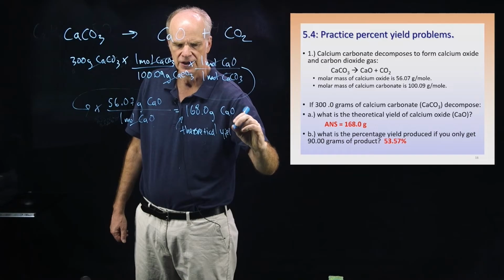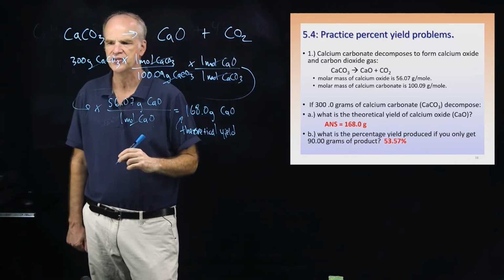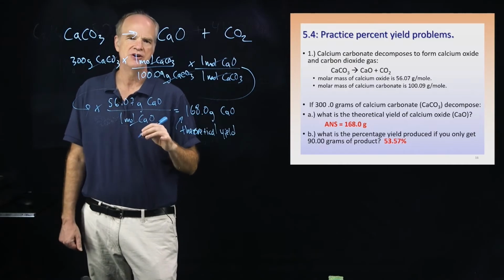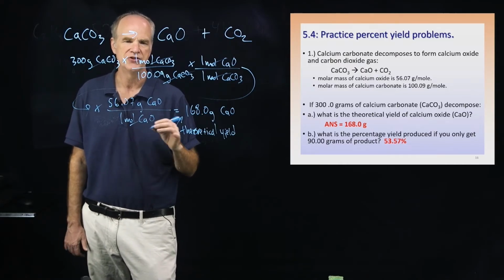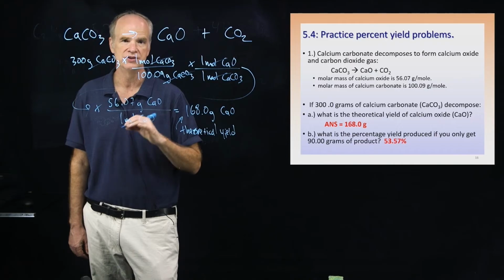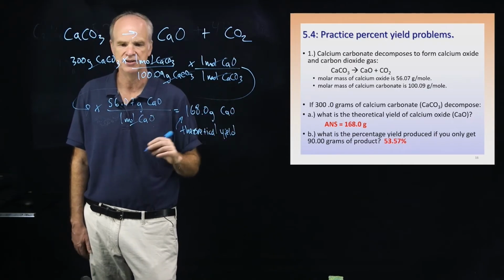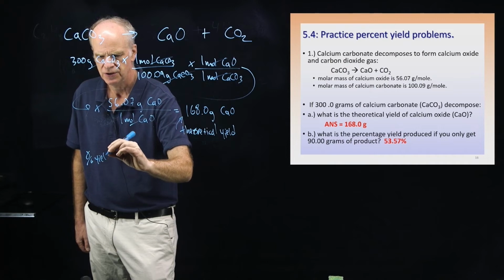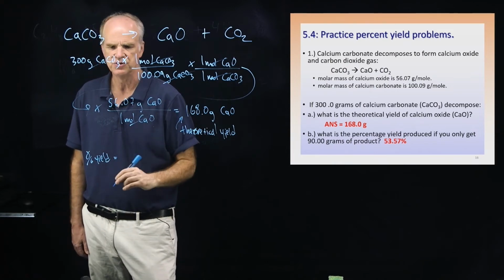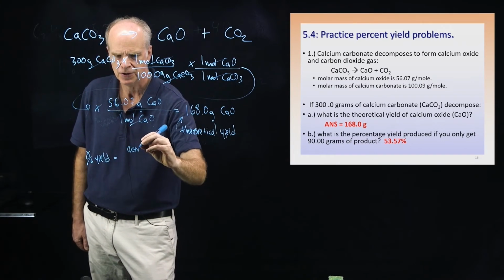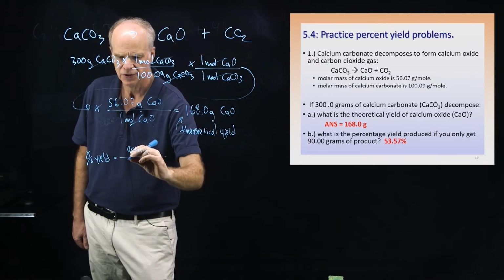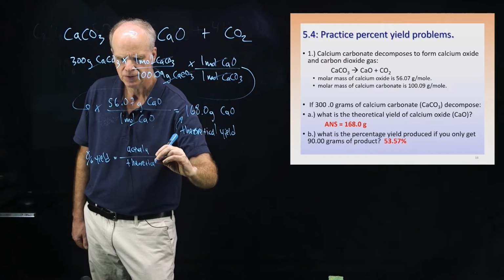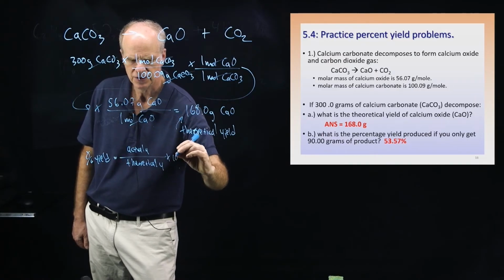Now, what we have to do next is figure out the percent yield. And the only way you can do that is if the problem tells you what an actual yield is, because then you can divide that by the theoretical yield and multiply by 100 and get the percent yield. So percent yield is going to be the actual yield over theoretical yield times 100.